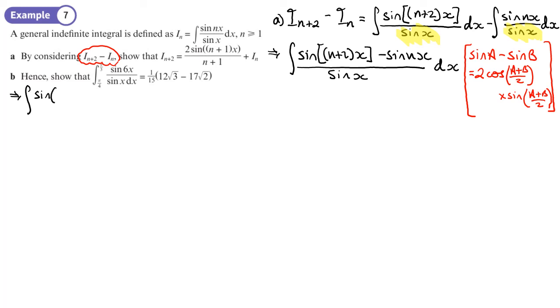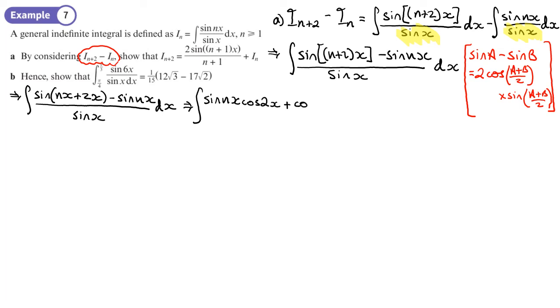So I've got sine of nx plus 2x, minus sine nx, all over sine x, and then I'd be thinking, right, let's use sine of A plus B here and expand that. So that would be sine nx cos 2x plus cos nx sine 2x minus sine nx, all over sine x, like this.